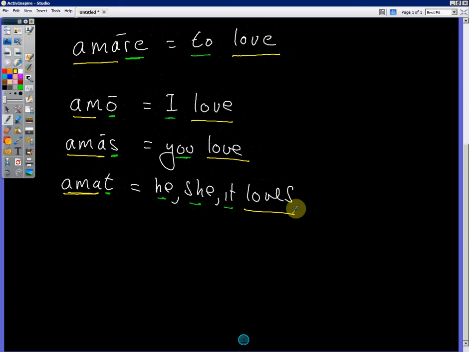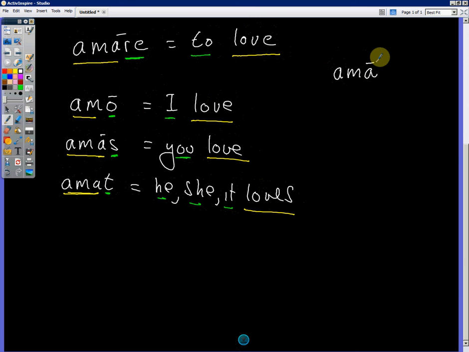We worked that out because we realized that you go to the infinitive, you take off the re, and you're left with what's called the stem, ama. Let's put that in white, so we're not confusing with our color. We take off the re from the infinitive, and that gives us ama, which means love.